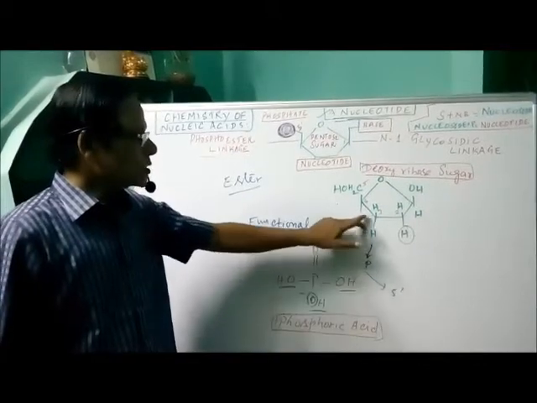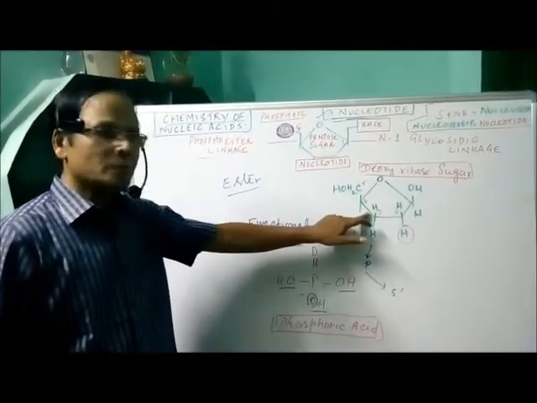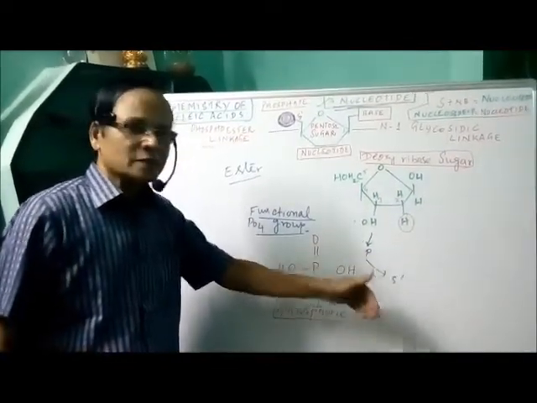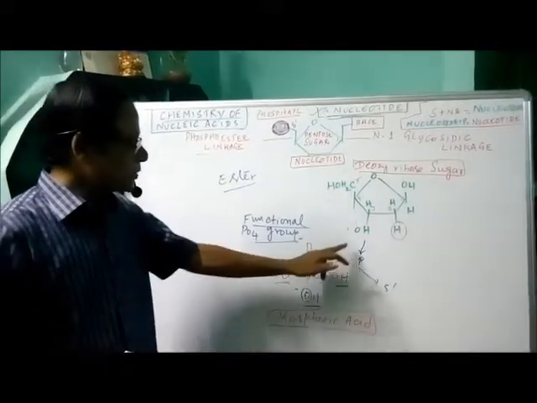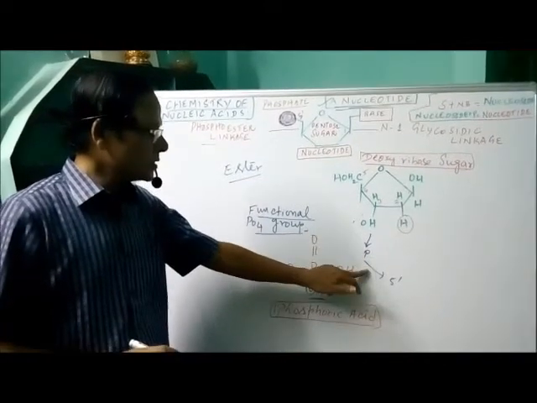One is with the hydroxyl group of the third carbon of the preceding sugar, and the other with the fifth carbon of the succeeding sugar. So we have what is called a phosphodiester bond. This is one ester bond, this is another ester bond.